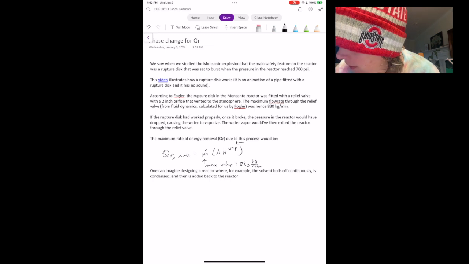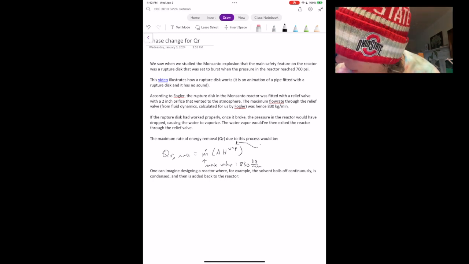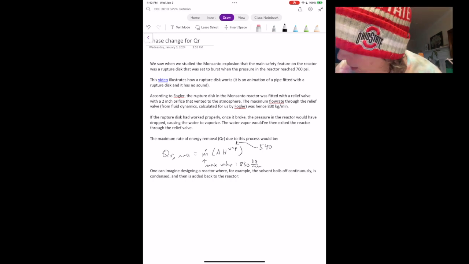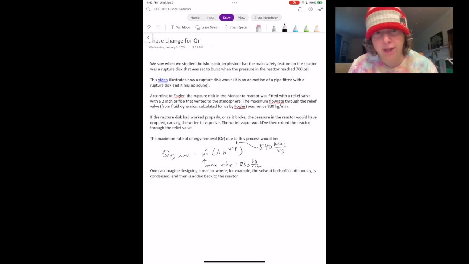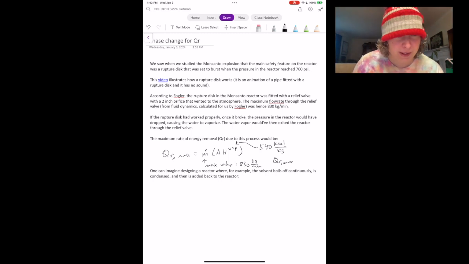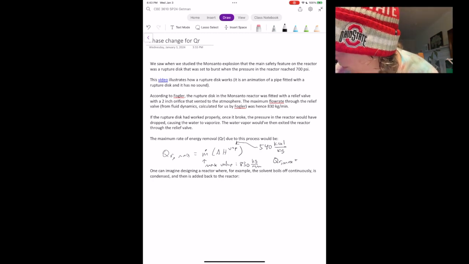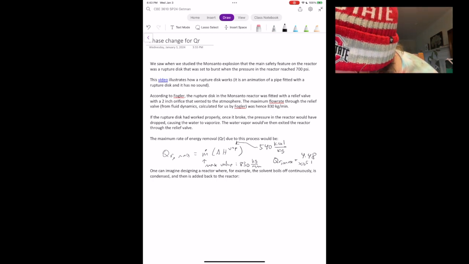This value here is 540 kilocalorie per kilogram. So if we multiply these two numbers together, we get QR max due to the relief valve is equal to 4.48 times 10 to the 5th kilocalorie per minute.